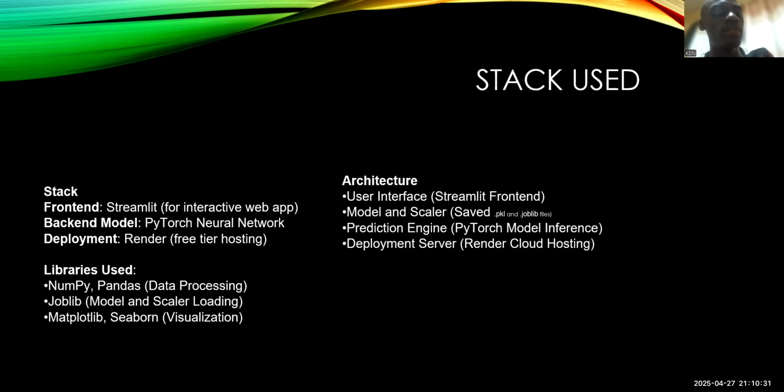It doesn't require JavaScript and CSS code to build the UI. It builds the UI itself without the need of those web tools. So the back-end model is a PyTorch neural network, which was used to build the post-harvest loss predicting model.